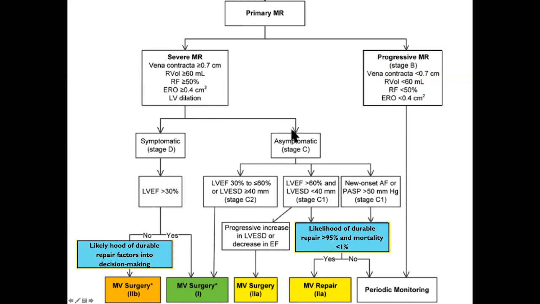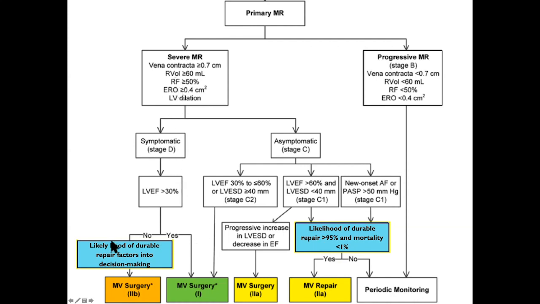If the patient is asymptomatic with severe mitral regurgitation, LV ejection fraction is greater than 60%, end systolic diameter is less than 40 millimeters, and there's a likelihood of durable repair of more than 95% with a mortality of less than 1%, you would consider mitral valve repair in these patients with a class 2A indication. And echo can help you assess whether the repair is durable or not, or at least partially help you. And we'll go through that in the next slide or two.